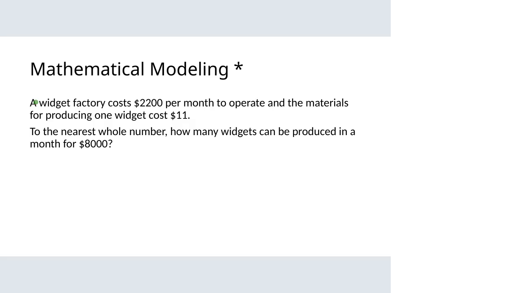As we take a look here, our model, the cost is going to be $2,200 per month plus $11 per widget. So we'll multiply those together, and there's our model. Here, $8,000 is the amount of money we're able to spend for our $2,200 to open and $11 per widget. In order to get W by itself, we'll subtract 2,200 from both sides.